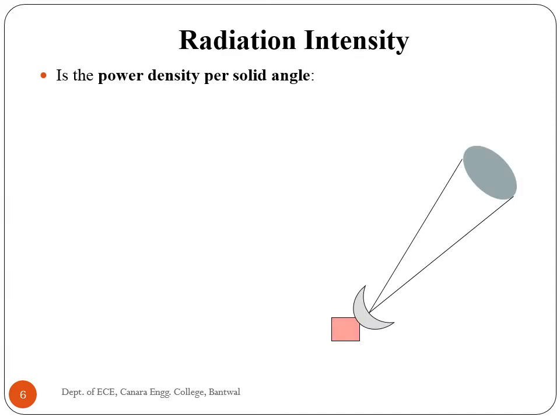Radiation intensity. Radiation intensity or the antenna power pattern in a given direction is defined as the power radiated from an antenna per unit solid angle. The radiation intensity is a far-field parameter which can be obtained by simply multiplying the radiation power density by the square of the distance.